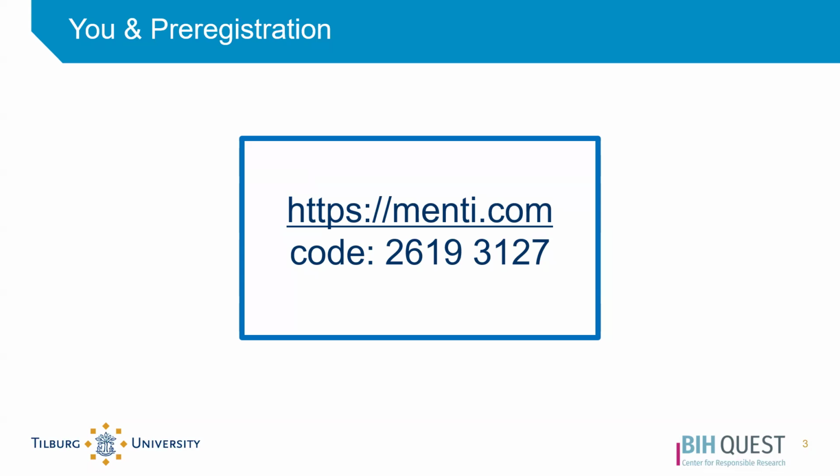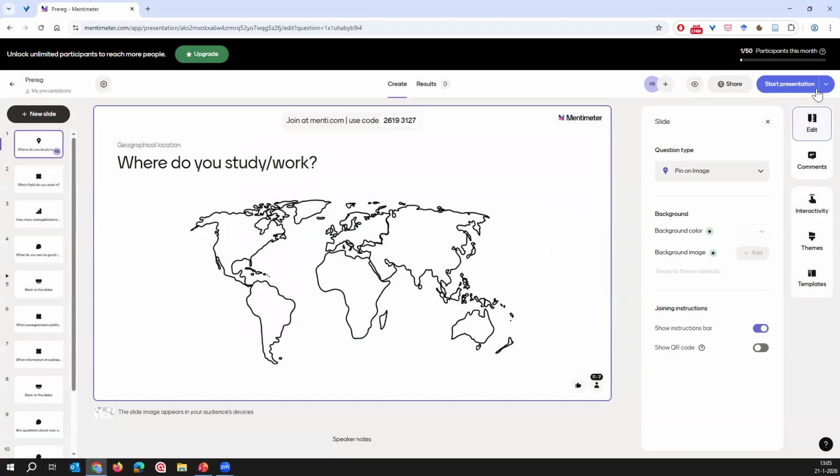So please do so. You can do it also on your mobile phone. You can do this on your laptop or a secondary device. Everything's possible. This is the code. And hopefully you have done that. If not, the code is 26193127.